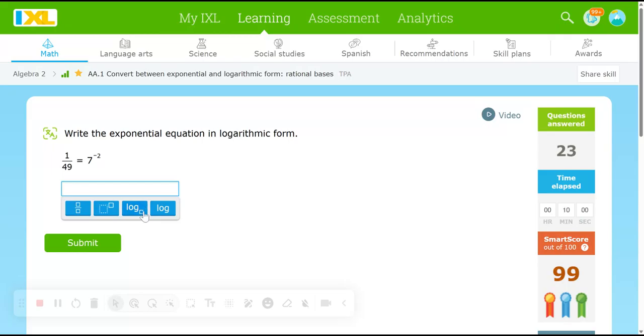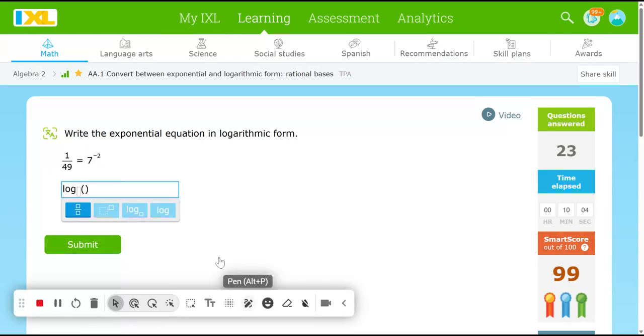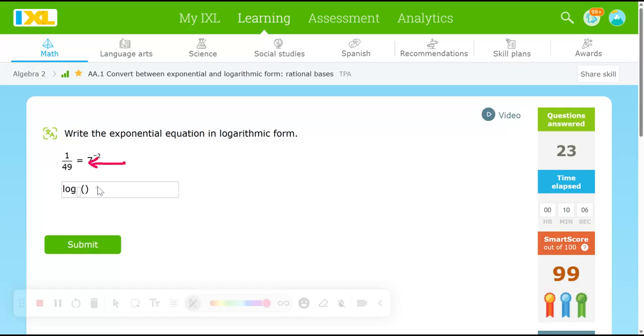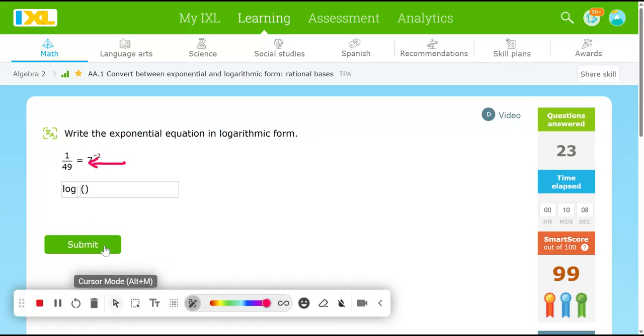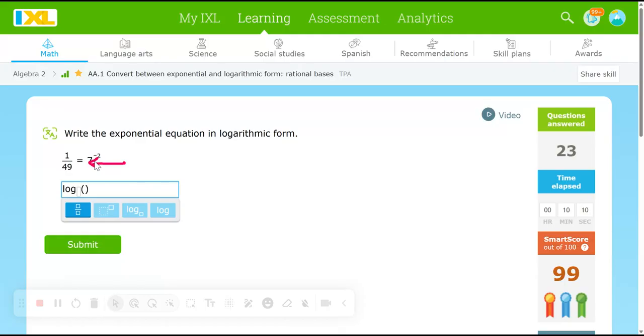Okay. So now you want a log form. Okay. You see the base of your exponential, number 7. So therefore the base of your log had to be 7. Okay? Alright, let's put the equal sign first over here.